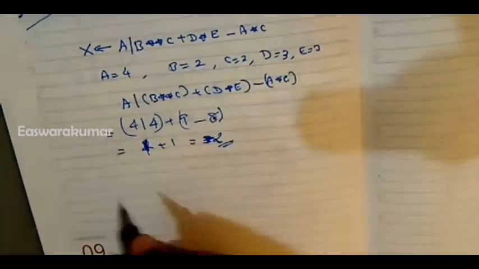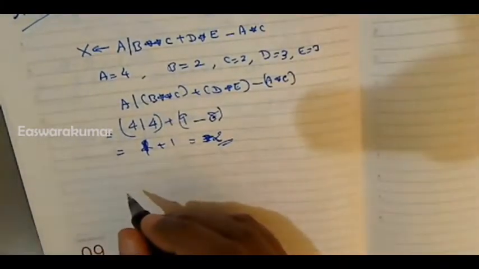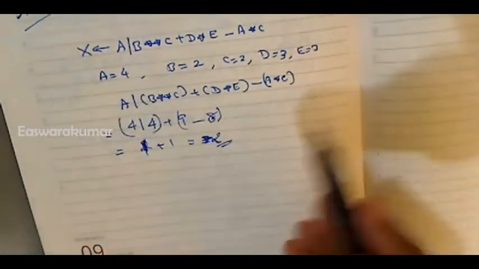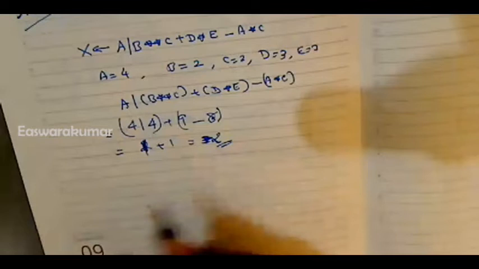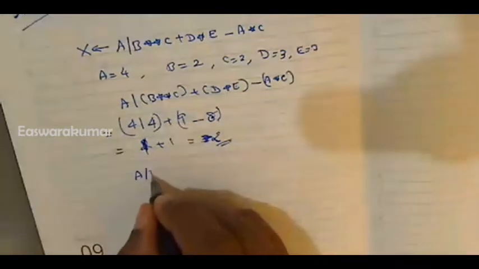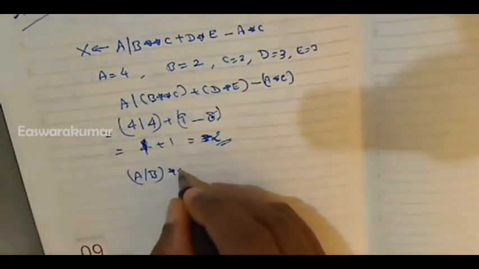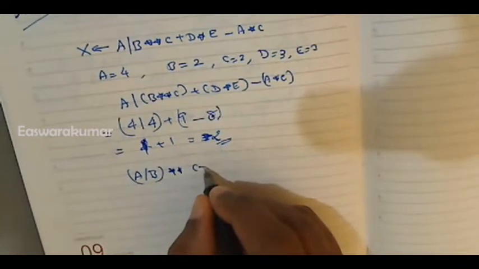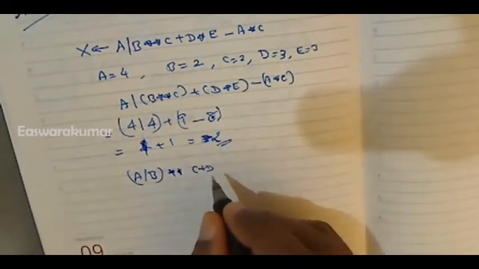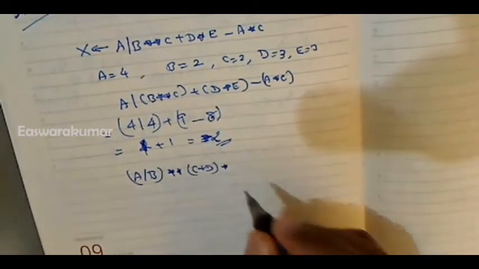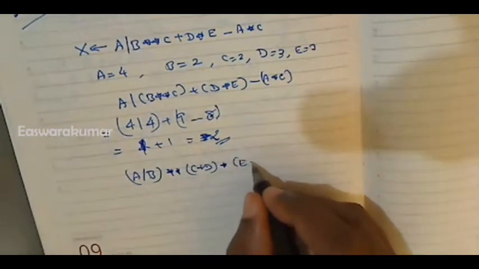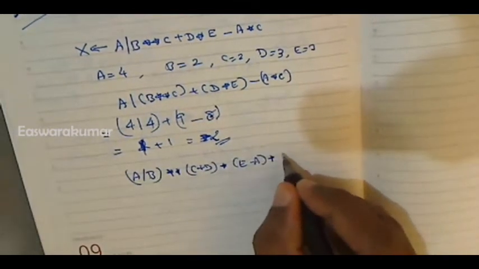Suppose for the same expression we take the first two operands, then the second two operands, something like that. So it will be a divided by b, then star star, then c plus d, then star, then e minus a, then star c.